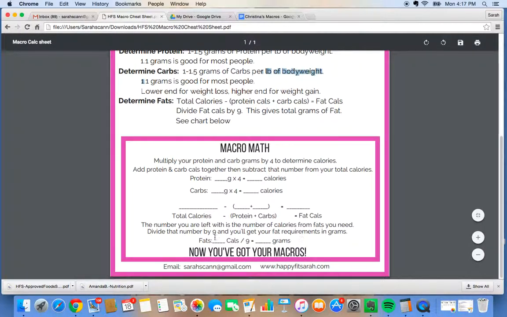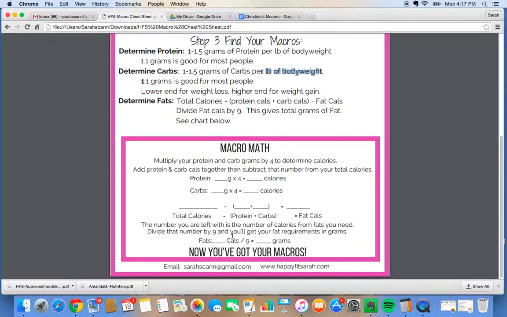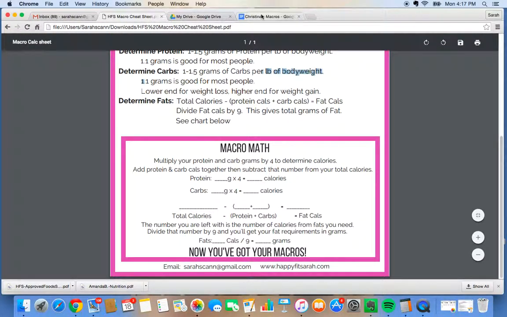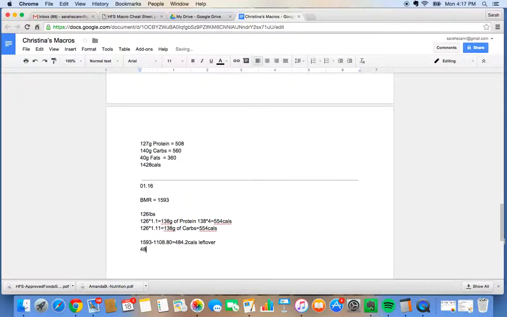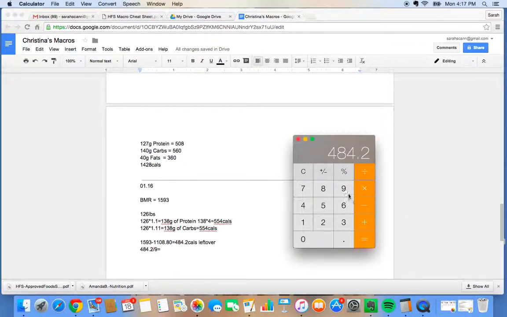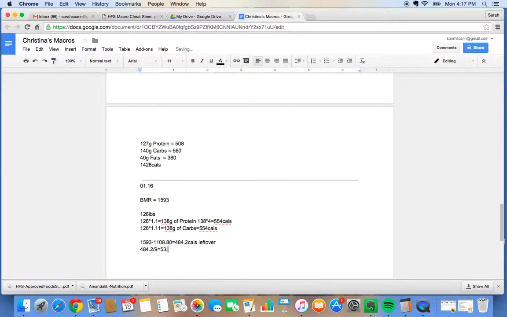So just like it says here below, it's a little quick overview. You have your fat calories divided by 9, and there are your grams. So we have 484.2, divide that by 9. And that will give you 53 grams of fats.